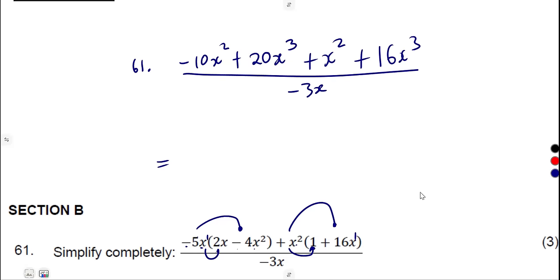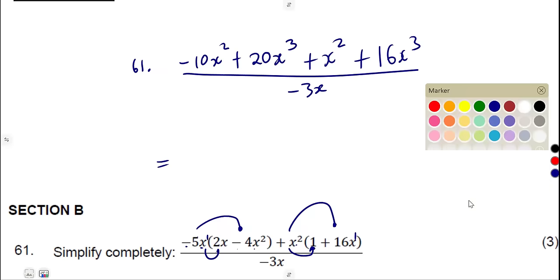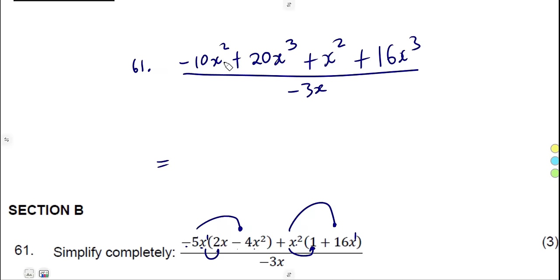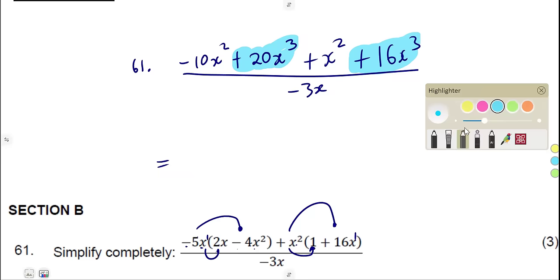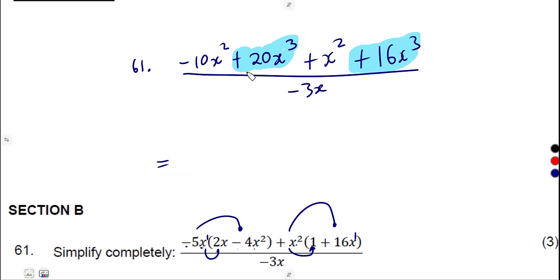Remember, when it is like this, you must consider the like terms, same variable and exponent. To the exponent of 3, to the exponent of what? Of 3. So you add the coefficients there. 20 plus what? 16. That's 36. X to the exponent of 3.